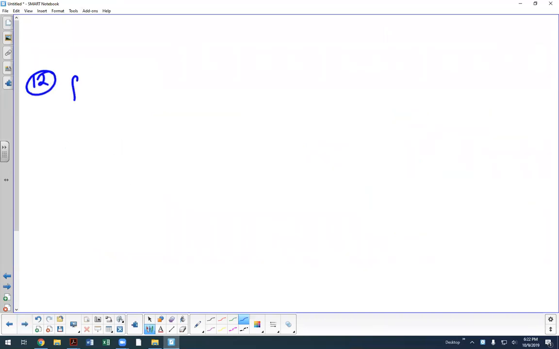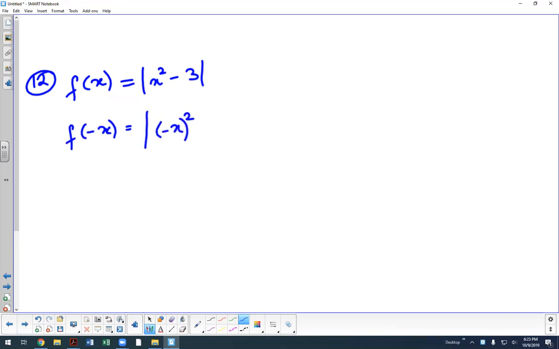We are given f of x equals absolute value of x squared minus 3. To start with our testing, replace the x with negative x. When I have a negative base with an even exponent, what happens to my signs? It becomes positive.